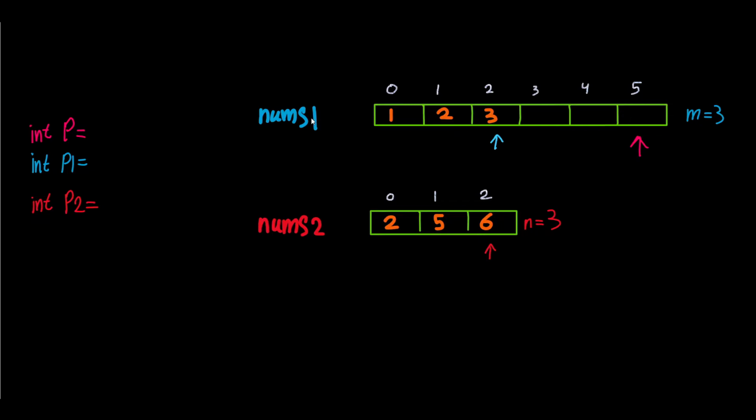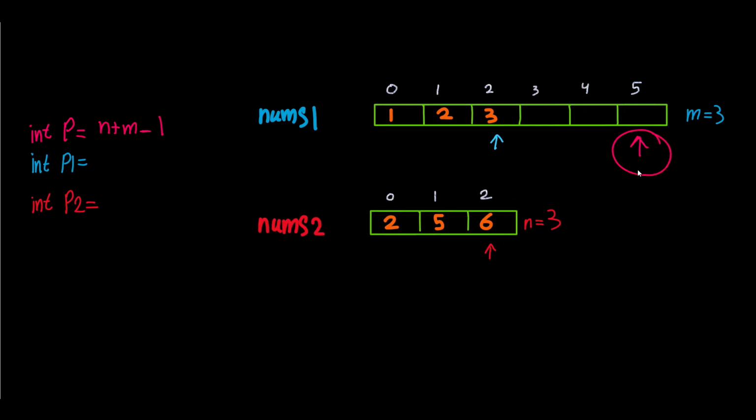We said that nums1 will hold the values of itself and nums2, and the length of nums1 is n plus m. So this pink pointer will be at index 5, or in other words, n plus m minus 1. M is 3, n is 3, 3 plus 3 is 6, minus 1 is 5.